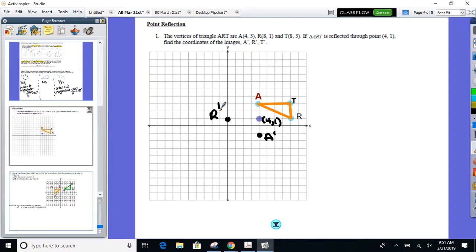Up and over, rise over run. Slope. That's what you're doing, right? All right, so go ahead. Down and over, how many? From T to the point of reflection. Where are we going, guys? Down 2 over 4. So from that point, go down 2 over 1, 2, 3, 4.